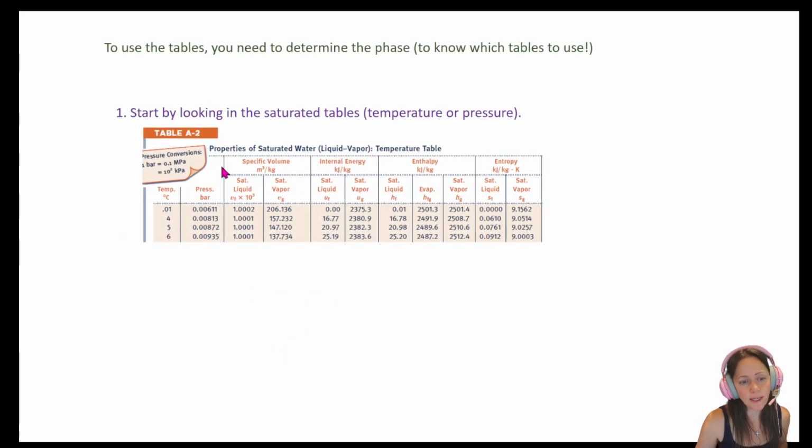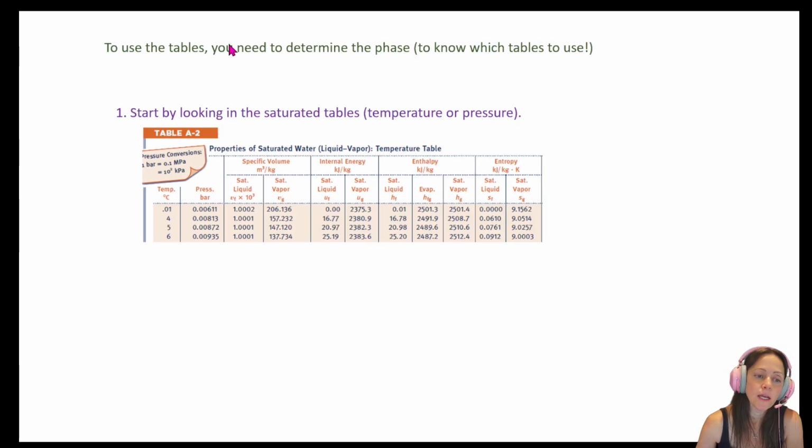You can see that if you look at the saturated tables. If I'm given information that tells me you have water at 6 degrees Celsius and the pressure is 0.00935 bar, great, I know I'm saturated, but I don't know if it's a saturated liquid, a saturated vapor, or somewhere underneath the dome. I need some other information.